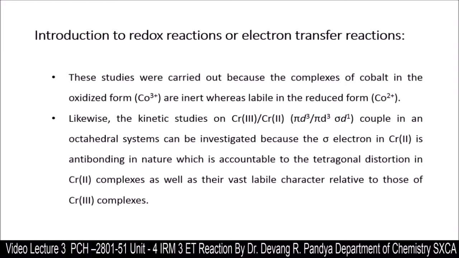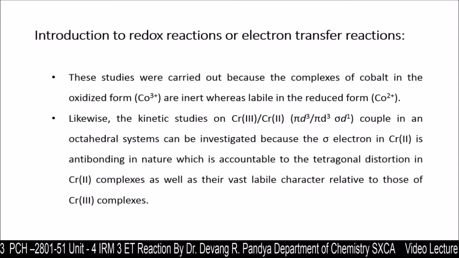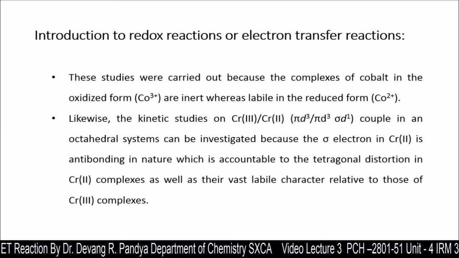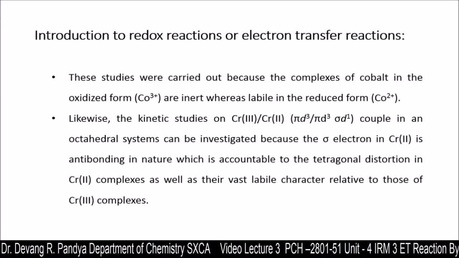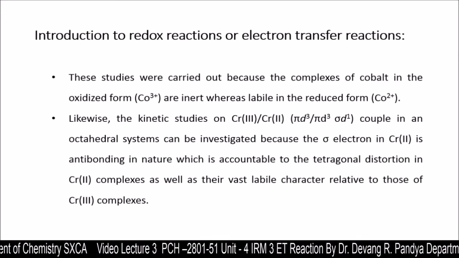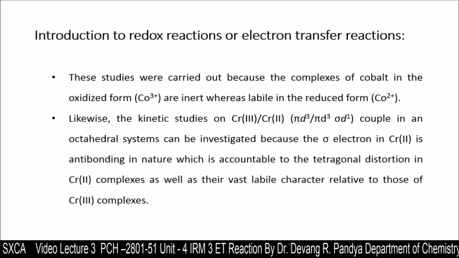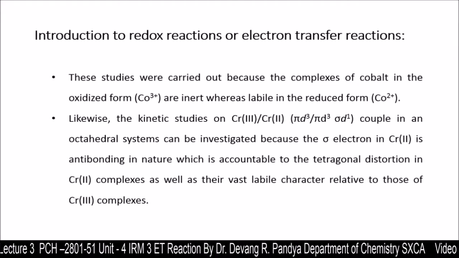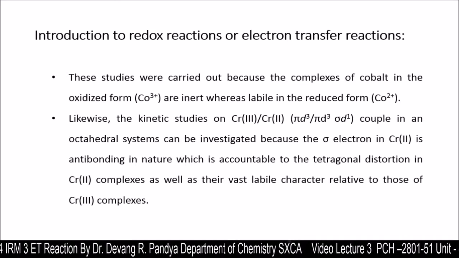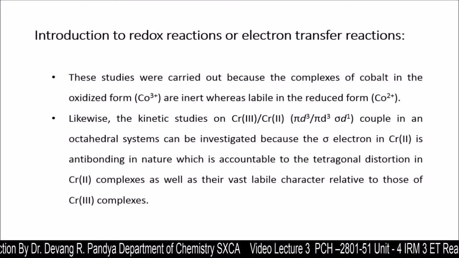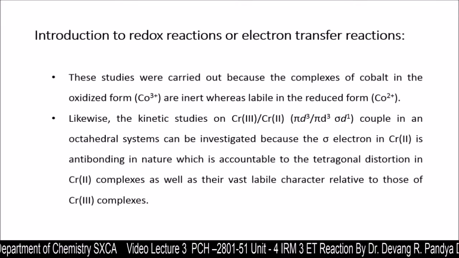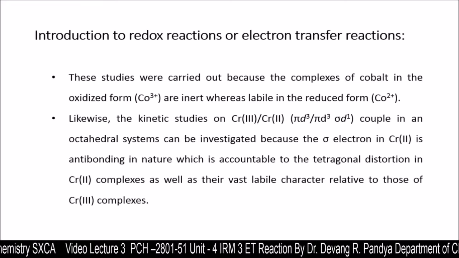We have discussed this geometrical disturbance, or vibronic coupling, in depth in semester 6. So I'm not going to include that much here, but why chromium 2 is labile compared to chromium 3, or cobalt 2 is more labile compared to cobalt 3, we have already discussed along with lability and inertness and the kinetic parameters of these metal centers in semester 6.